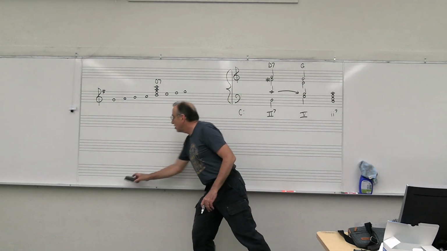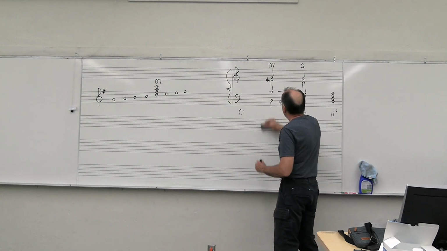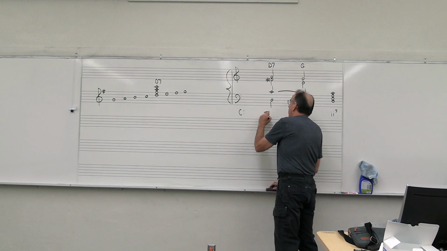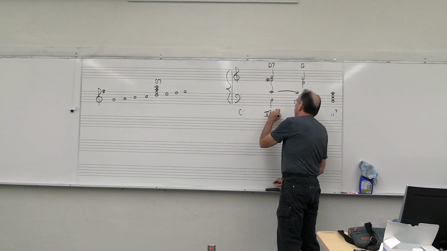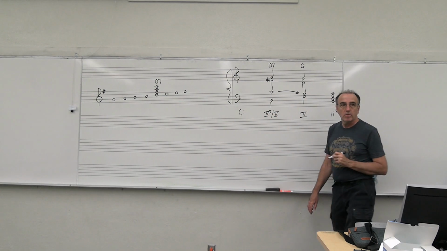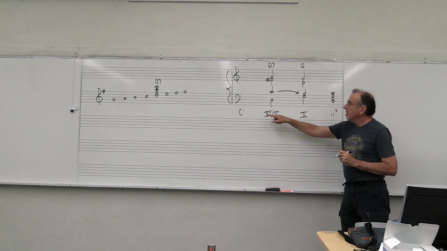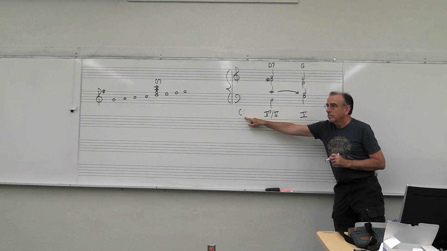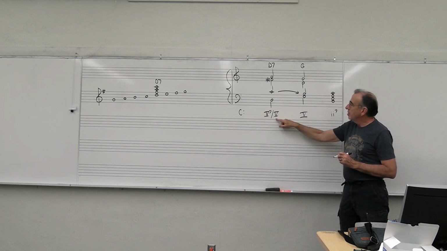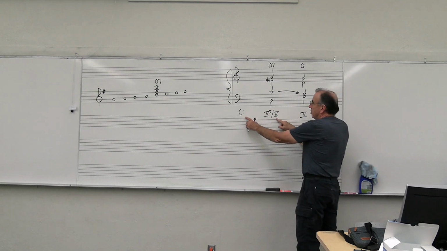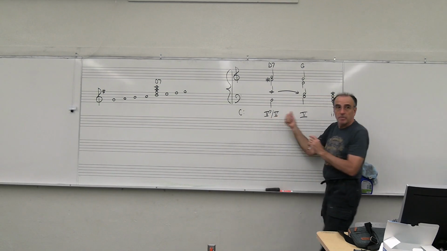So instead, what we say is this: 5, 7 of 5. In other words, the dominant of the dominant in the key of C. So if this is the dominant in the key of C, the G chord, this is the dominant of that.